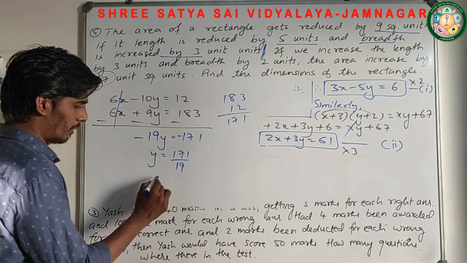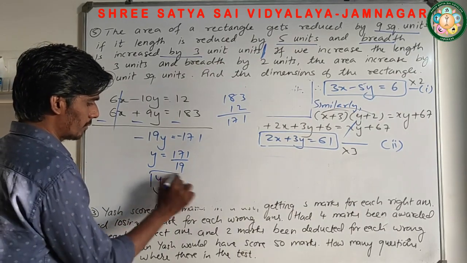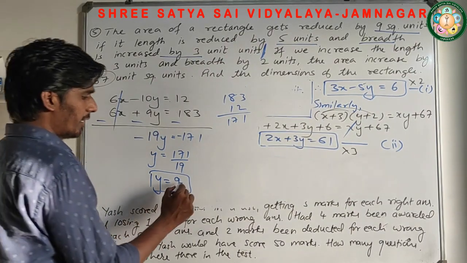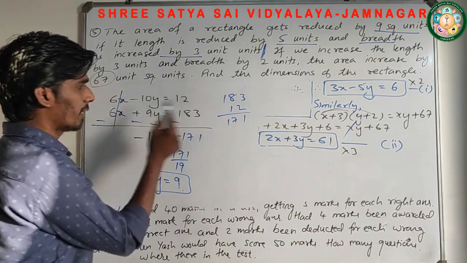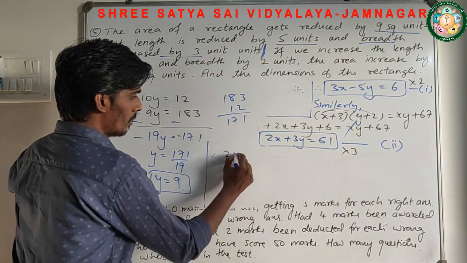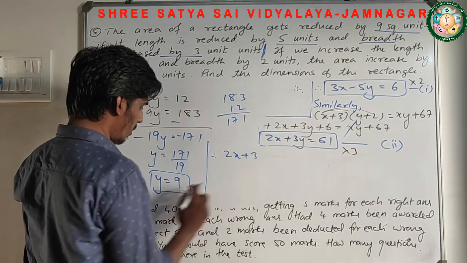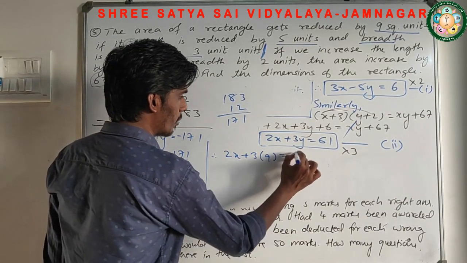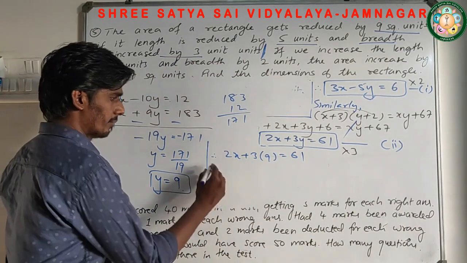19 9s are 171. So y equals 9. Similarly, replace this value in any of the equations and you get the value of x. 2x plus 3 times y, which is 9, equals 61.